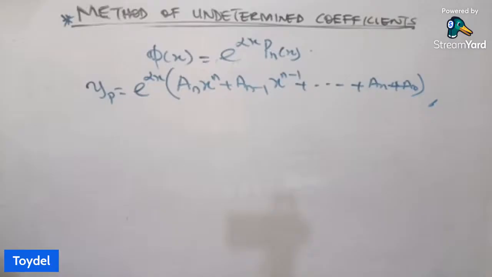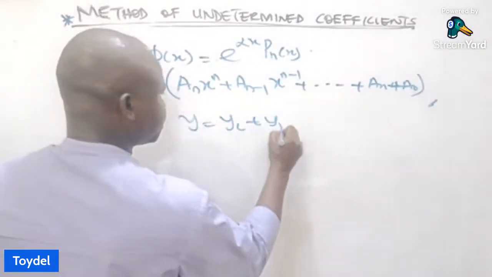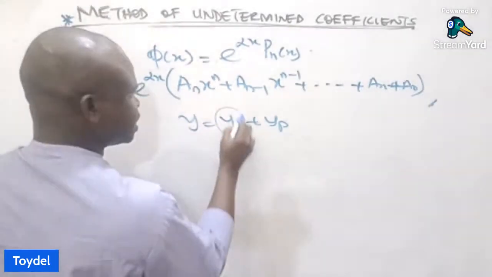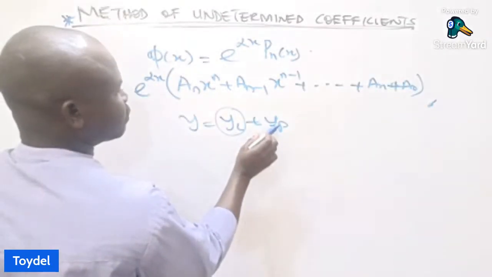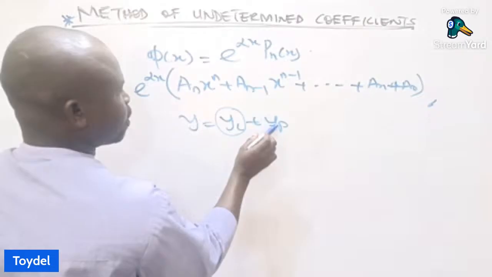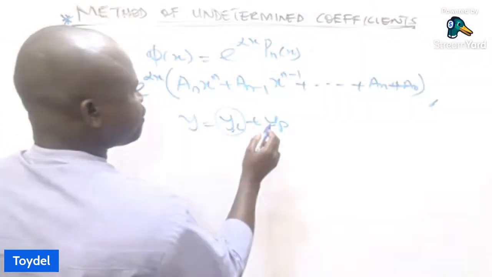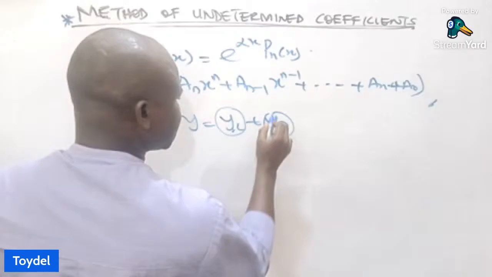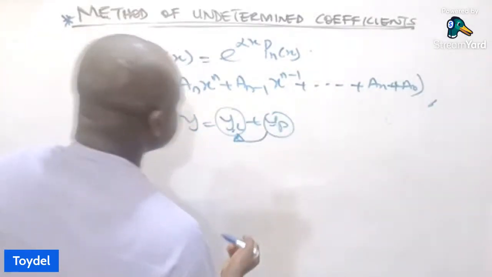The general solution is y of c plus y of p, so we must have y of c before we can go ahead and find y of p. If any of the terms has the same form, there's a way we write it, but I'm going to use an example to show that.